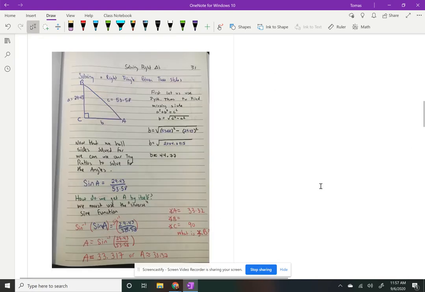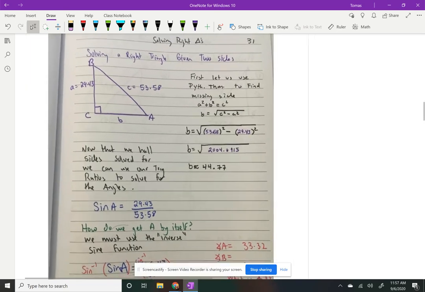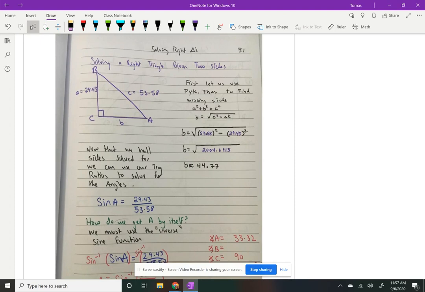So now what about a right triangle where we know two sides? Technically we know two sides and one angle, because it's a right triangle, so we always know that one of the angles is 90 degrees. Well, this just takes us back to Pythagorean theorem days, right? If we know two sides and we're trying to find the third, we just do the Pythagorean theorem.